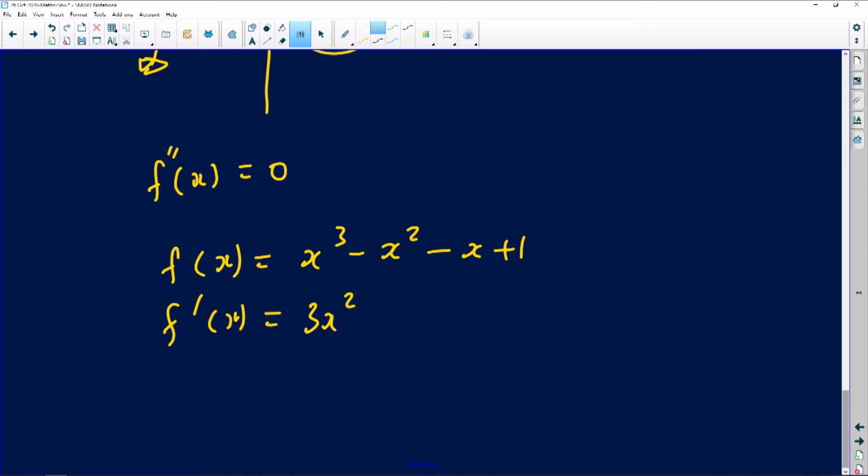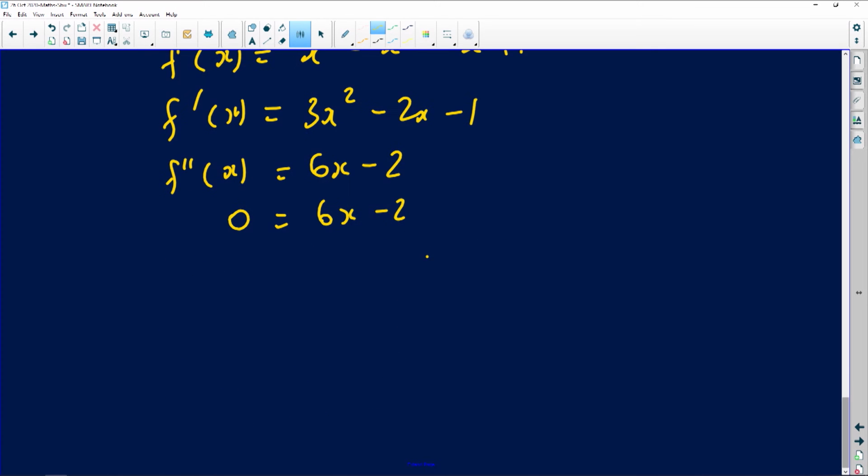You get 3x squared minus 2x minus 1. Second derivative, oh, this is awesome. You're going to get 6x minus 2. That second derivative must be equated to what? To 0, because at the point of inflection, the second derivative of the graph is 0. That's where it changes concavity. So negative 6x is negative 2, so x comes out as 1 over 3.